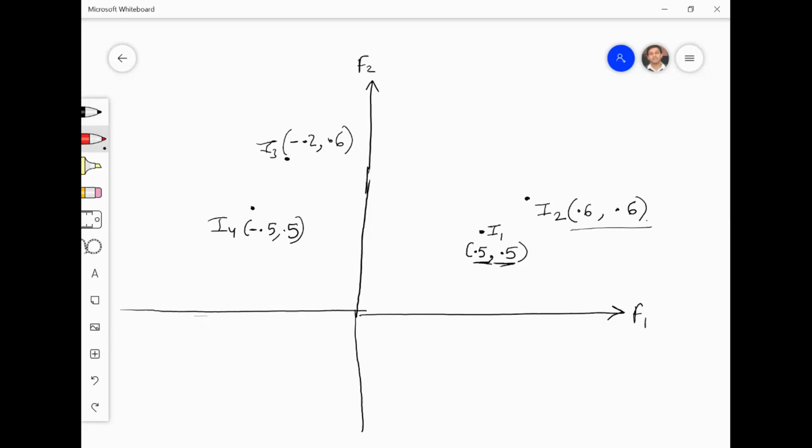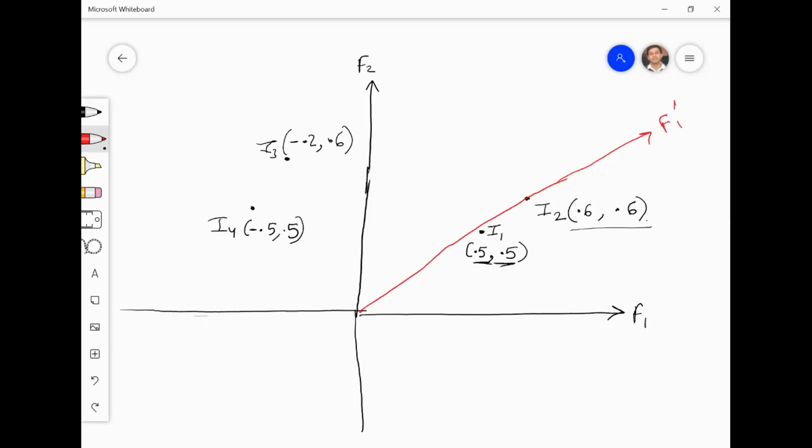So in this case, we do a rotation of the axes.